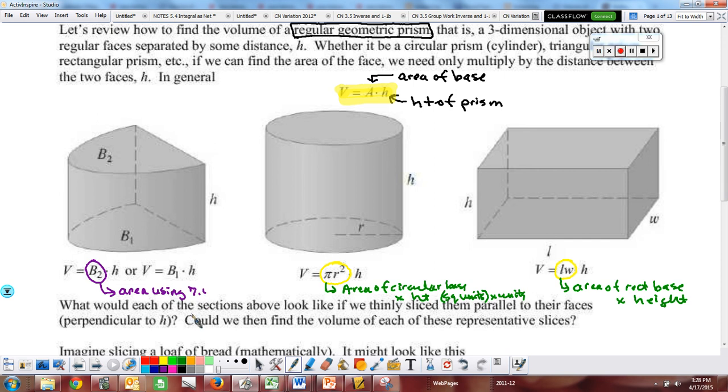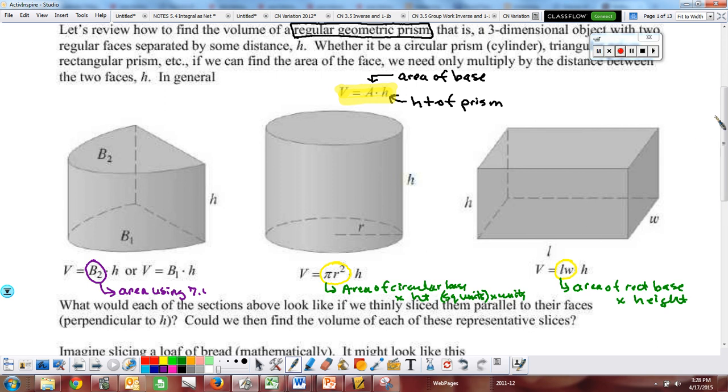So I could calculate the volume by first calculating the area using our 7.1 information, remembering things like top minus bottom and right minus left, depending on which way the area is situated, and then multiply times the height to get the volume.